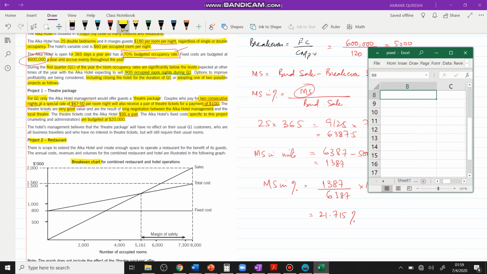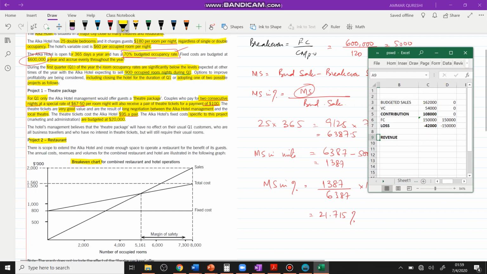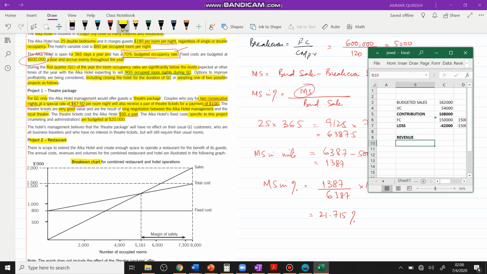And so the revenue, see, the revenue is for theater and for hotel.